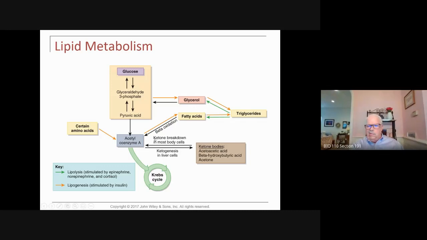And ketones is a byproduct of lipolysis. Breaking down fat will give you ketones in your bloodstream. Ketones in your bloodstream is never good. And you'll spill it in your urine. That's how we know that you're starving. That's how we know you're breaking down fat.